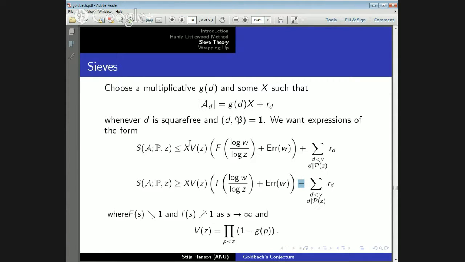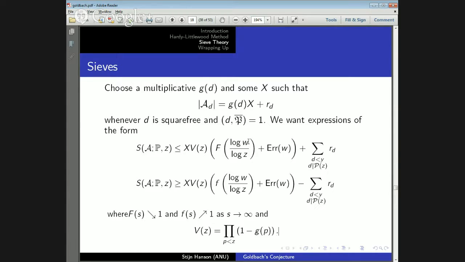Okay, so X is here to represent the size of A. V here is a product of our multiplicative function g, and this is the reason we want it to be multiplicative for those who are interested, because we can express it as a nice product, and that's going to be a scaling factor.